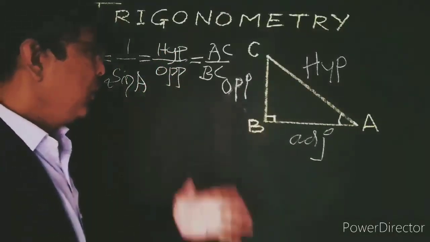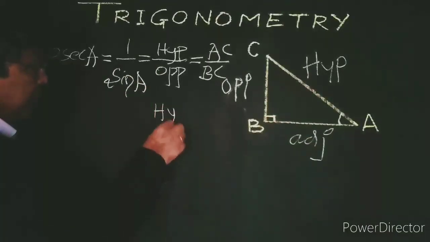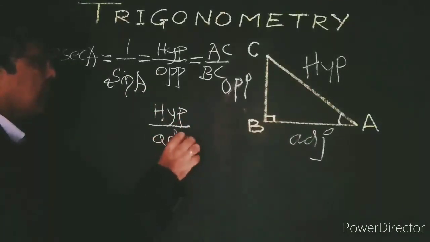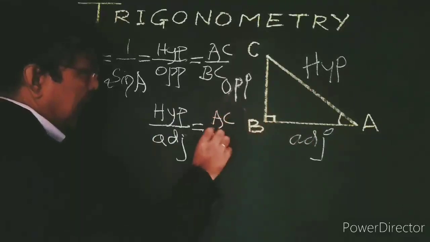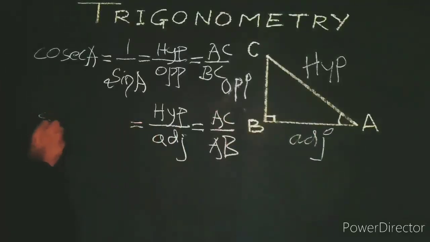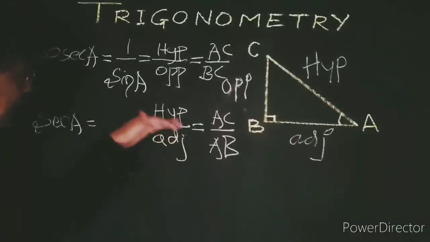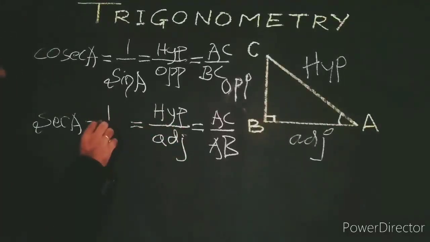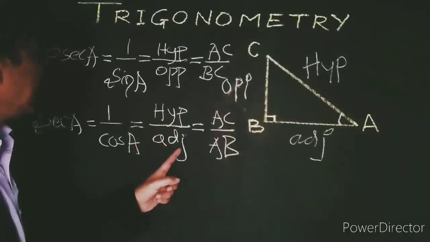Now, the last ratio we can get by dividing the hypotenuse by the adjacent side. The hypotenuse is AC, the adjacent side is AB, and this ratio is called sec A. Sec A means hypotenuse divided by adjacent side, and we can also get this by writing the inverse of cos, that is 1 upon cos A. Why?